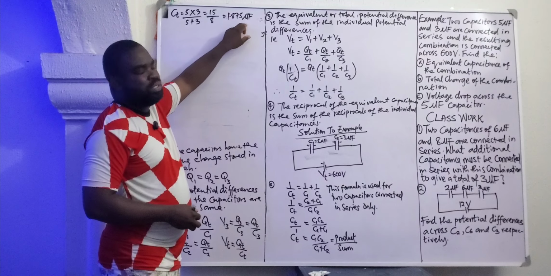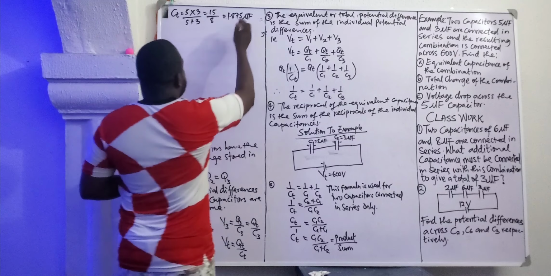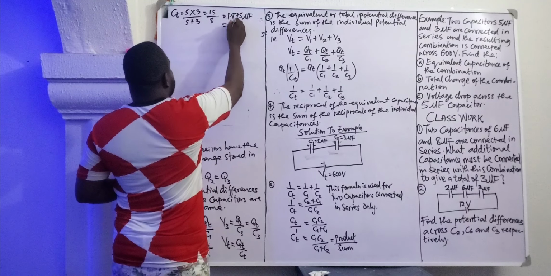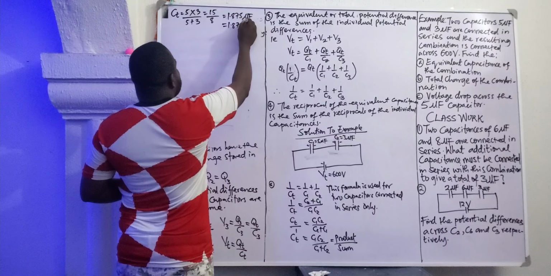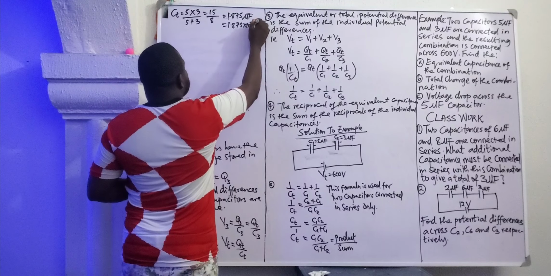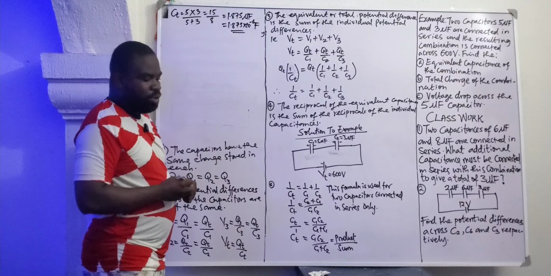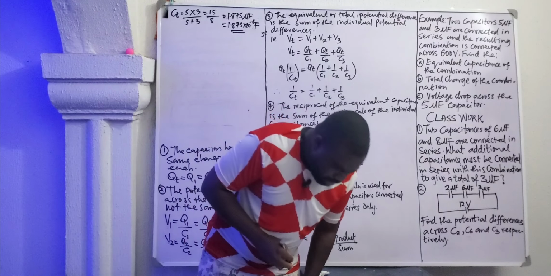You cannot use it with this micro sign. They say you are wrong. So what does that mean? I will have to re-express this as 1.875 times 10 raised to the power minus 6 farad before I can use it. I hope that information is noted.